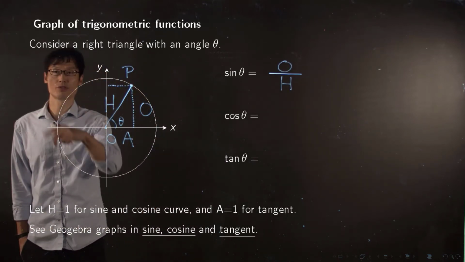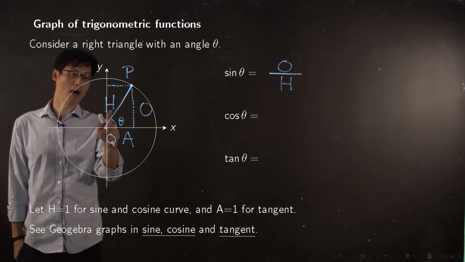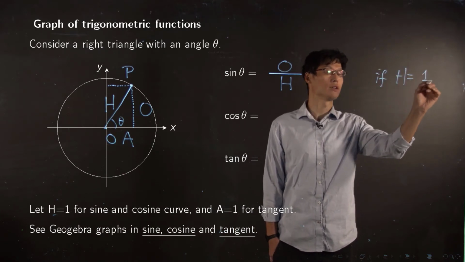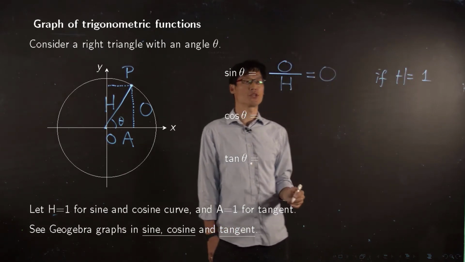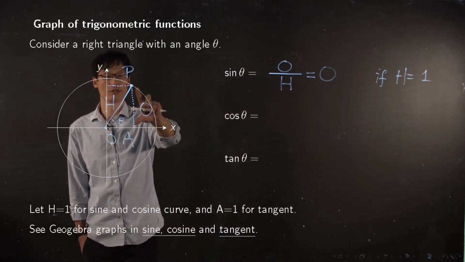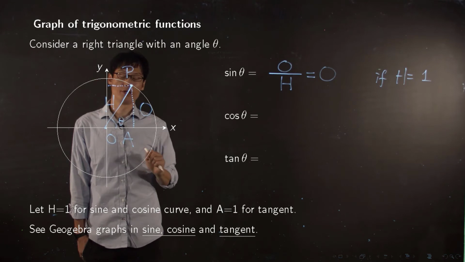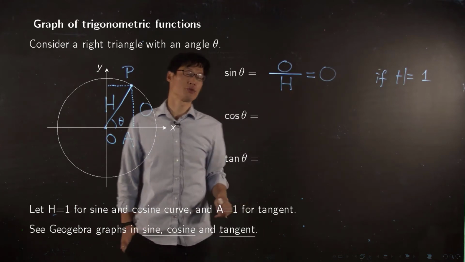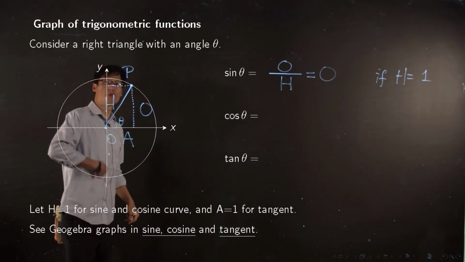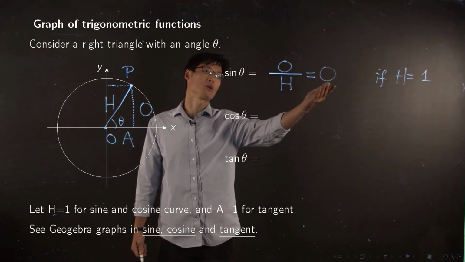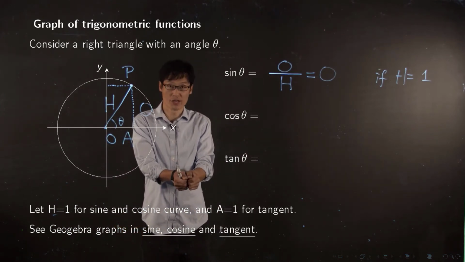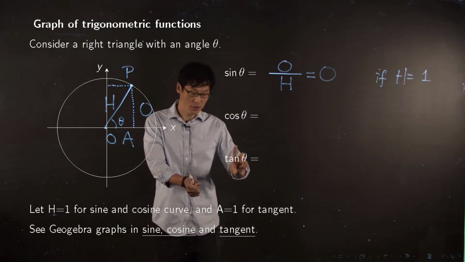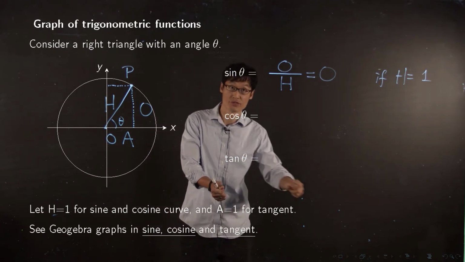Now that we are using the unit circle, this hypotenuse is nothing but 1. So if h is 1, this ratio becomes very simple, just O, or opposite, the length of this, the height or y coordinate of this point. So this is simply the y coordinate. That means when you plot the graph of sine, you take only the y coordinate. Imagine your angle theta increases, then you take only the y coordinate for each angle, and you will get the graph of sine.